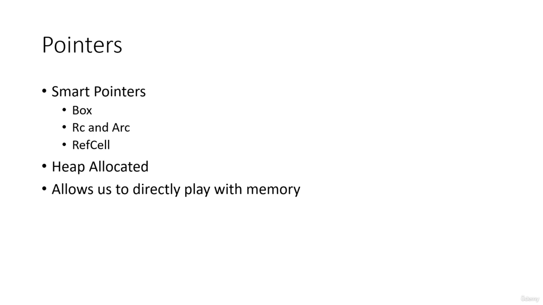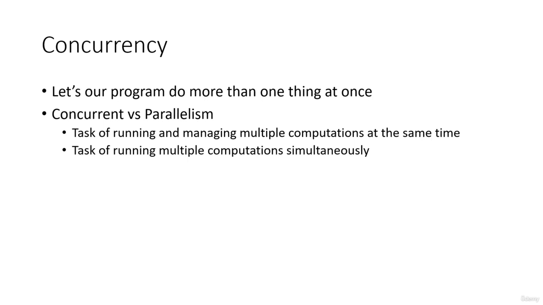Pointers allow us to directly play with memory. And pointers are very important because they allow us to store types that don't have a predefined size, and that's why we are able to put them on the heap instead of the stack.